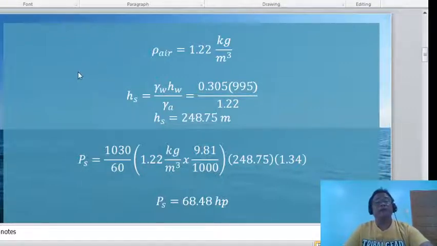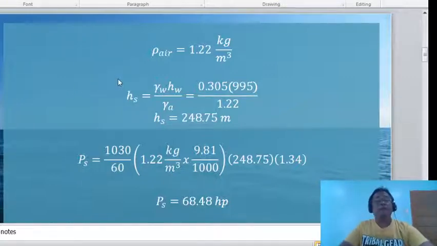Getting now the unit weight of water, this was already converted, in kilogram per cubic meter. So that is 0.305 multiplied by 995 over 1.22. So the static head now is 248.75 meters of air.